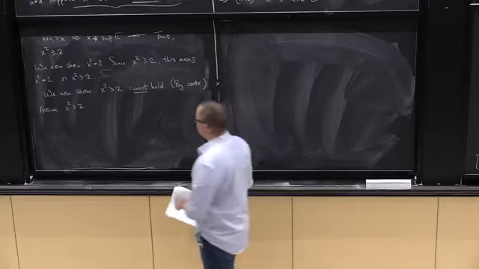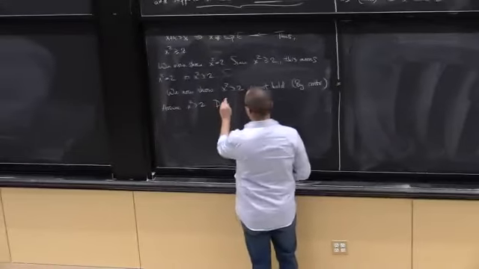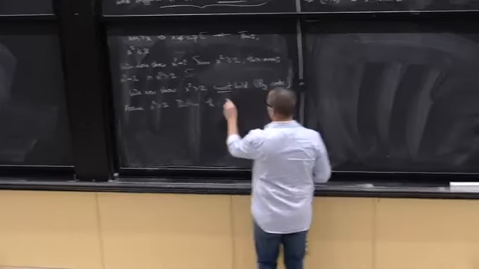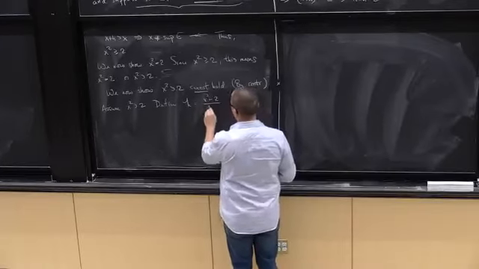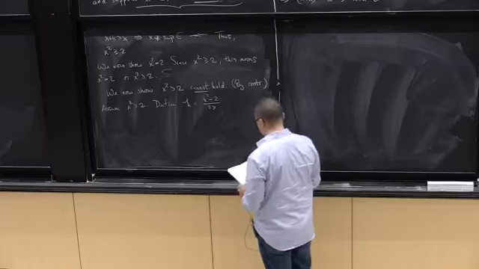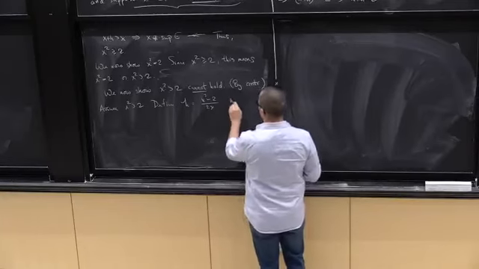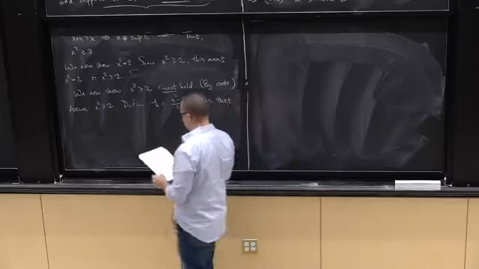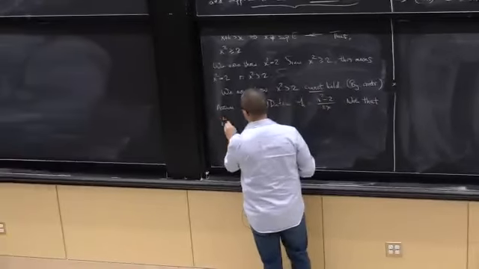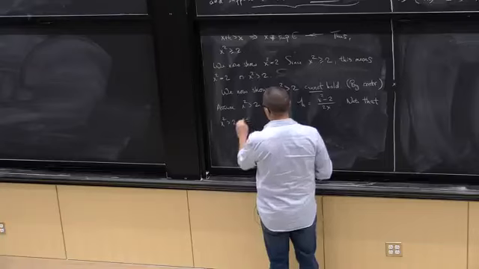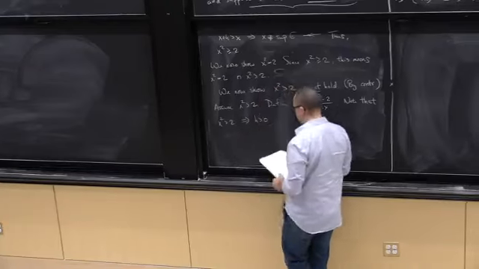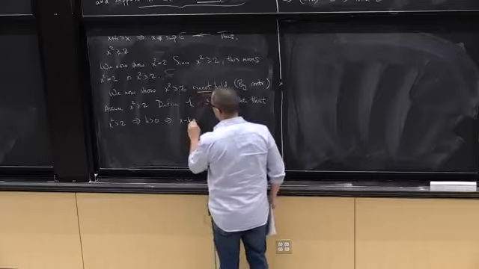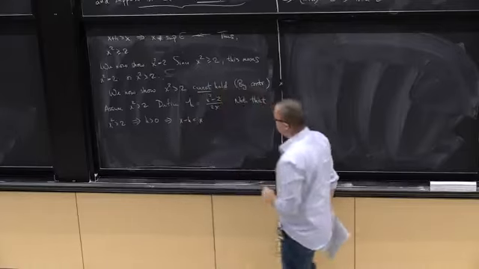Define h. This is going to be x squared minus 2 over 2x. And note a couple of things: since x squared is bigger than 2, this implies h is bigger than 0, which implies x minus h is less than x.